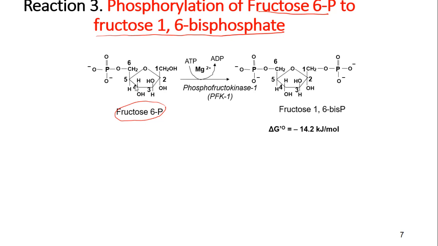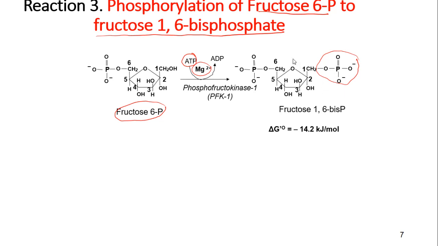So if you look at this, this is fructose 6-phosphate. So fructose 6-phosphate will need ATP. Okay, there will be the usage of ATP in the presence of magnesium 2+. So when ATP is present, this will lead to an addition of a phosphate group on carbon number 1, like it has been shown there. So on carbon number 1, a phosphate group has been added.